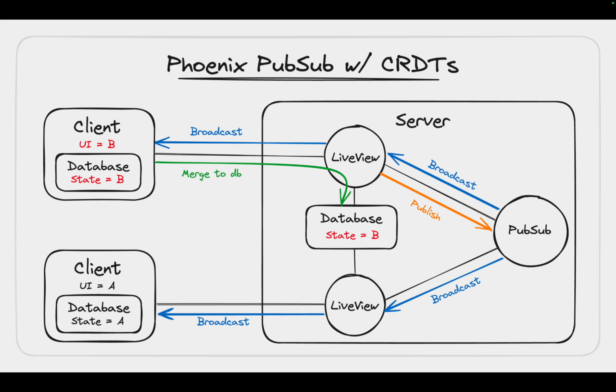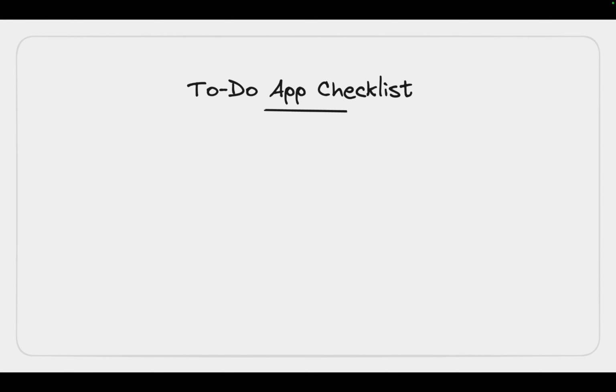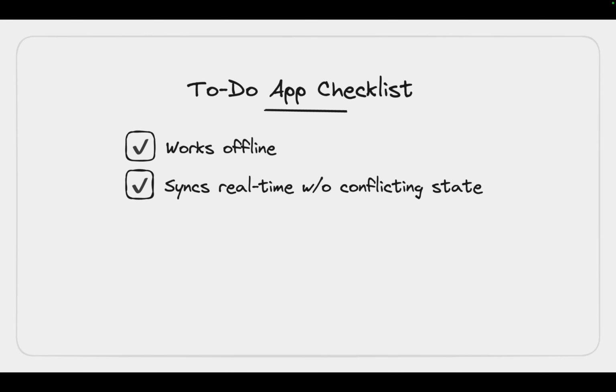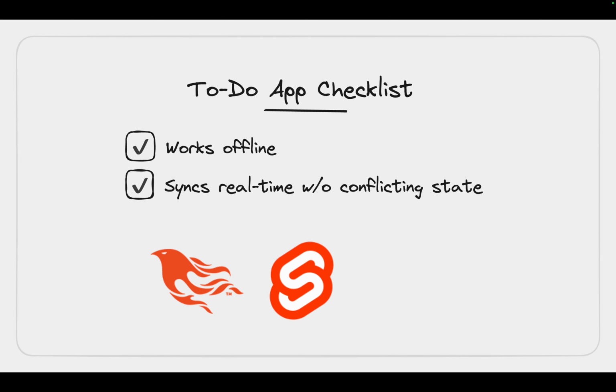However, on the bottom client, we will merge our state again to state B, and then we will update our UI accordingly. And there you have it. We now have a to-do app that can work offline, can sync in real time without any conflicting state, and it's all built with Phoenix LiveView, Svelte, and YJS.